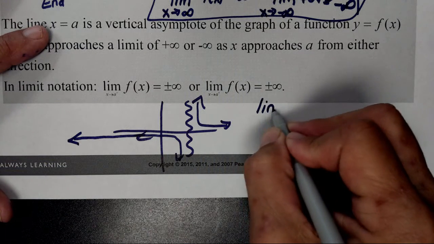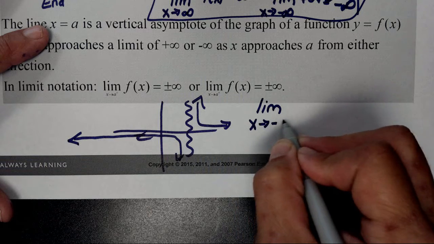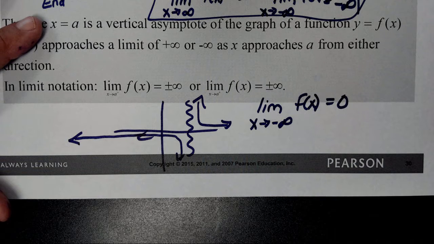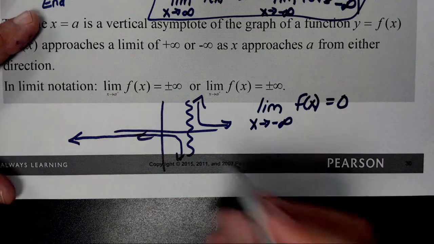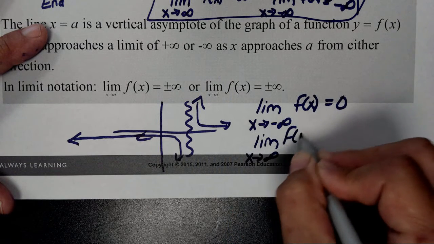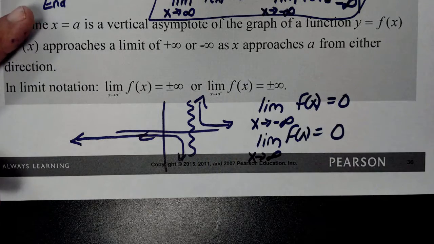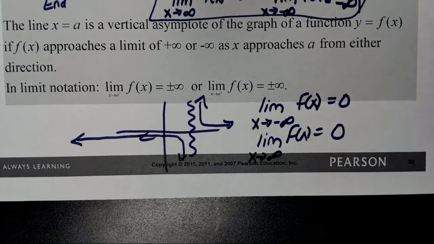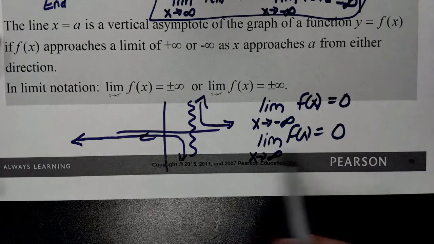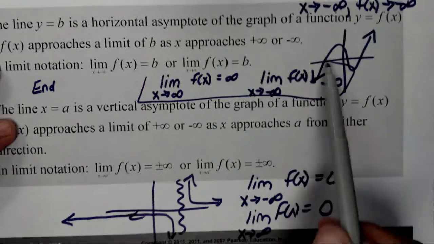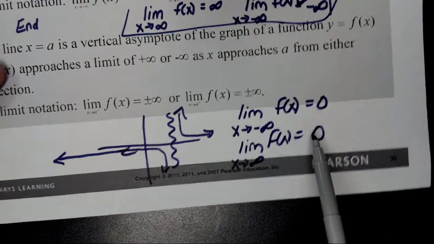So the limit of f of x to the left is 0. Right? Agreed? Is it also getting 0 to the right? The limit to the right is 0. So wake up, y'all with me? Okay. So this is just telling me what it's doing way out to the left and way out to the right. Here it kept going up and here it kept going down, but here it's actually approaching 0.